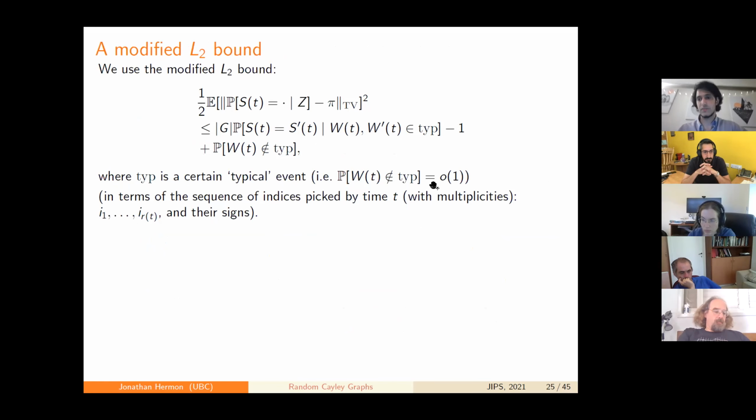They satisfy some typicality conditions that we will have freedom to pick. And then there is this additional error term, which is the probability that W is not typical. We will always pick Typ such that this probability is little o of 1. Typ is an event that depends on this random walk on Z^K.